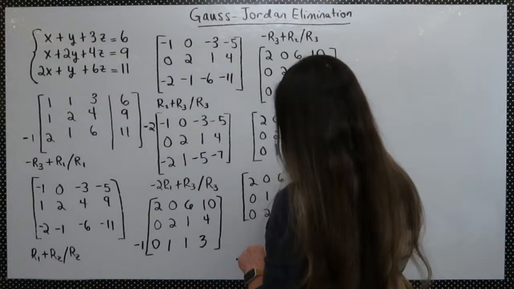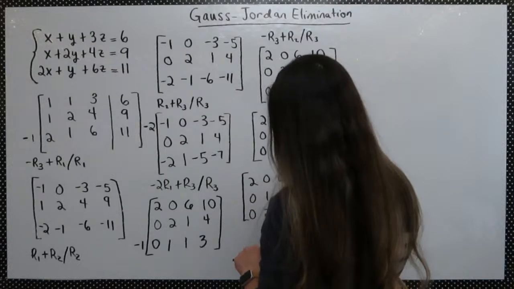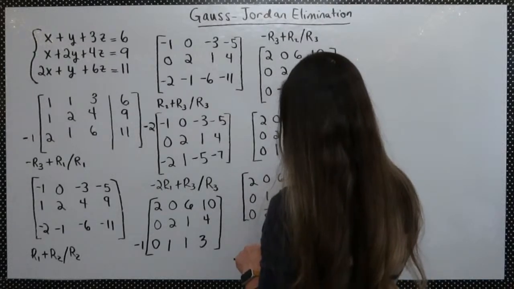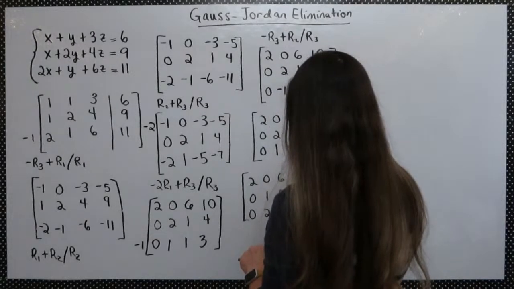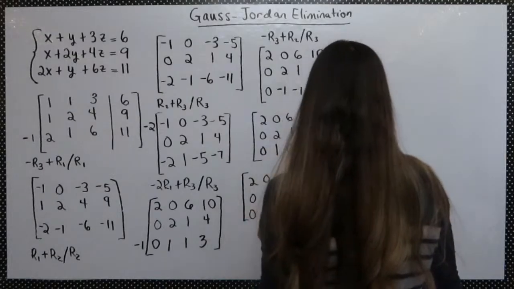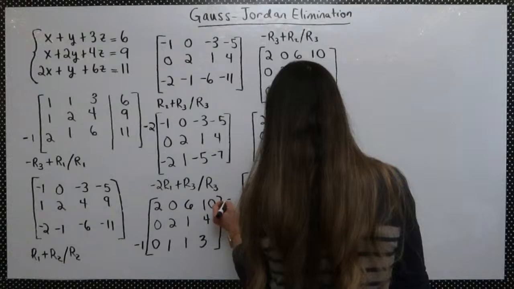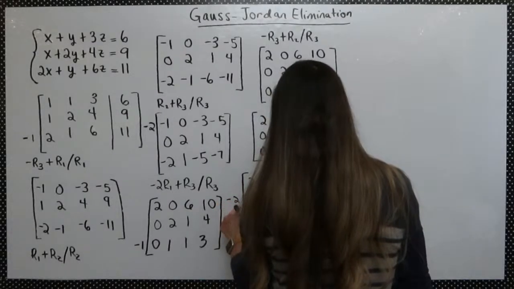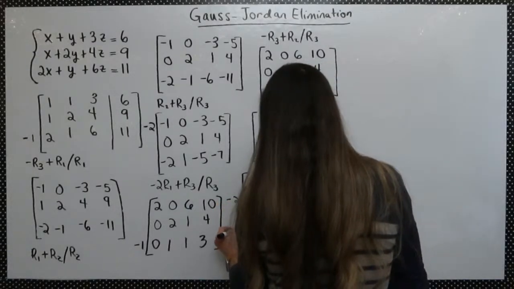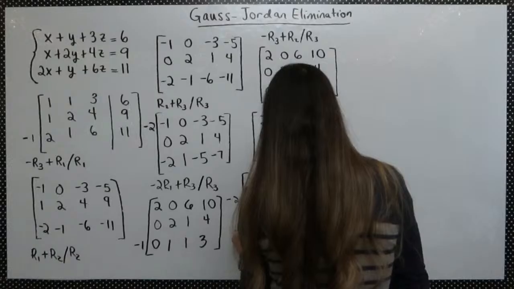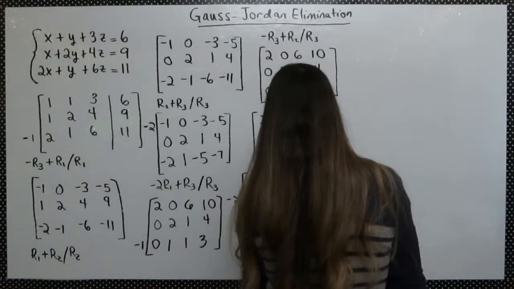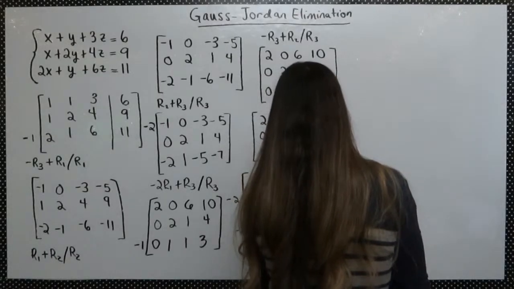So let's go ahead and try to make one of these 0 first. And the only way I can do that is multiplying this row by a -2 and adding to row 3. So we'll say -2 row 2 plus row 3, replace row 3, and see what that does.